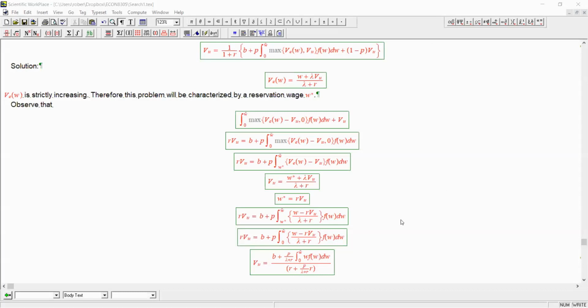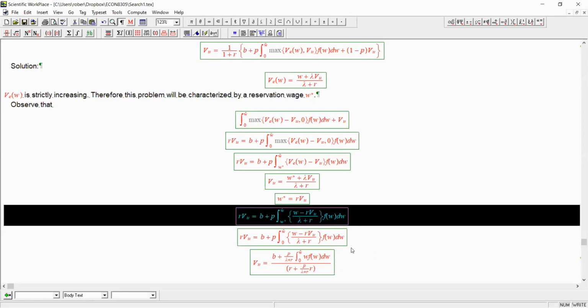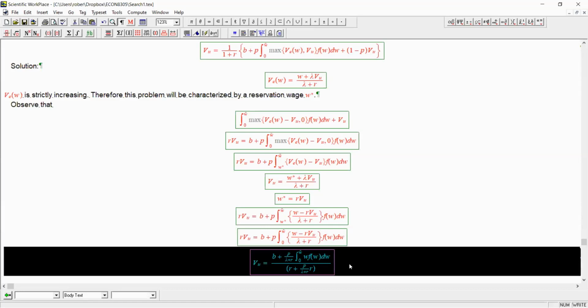So we know that in W star VU space, when W star is 0, this line crosses the VU axis at a positive value.